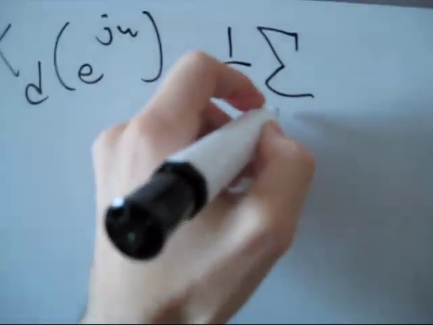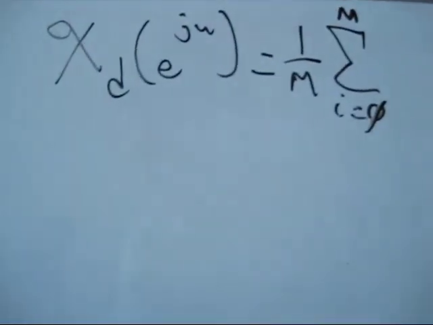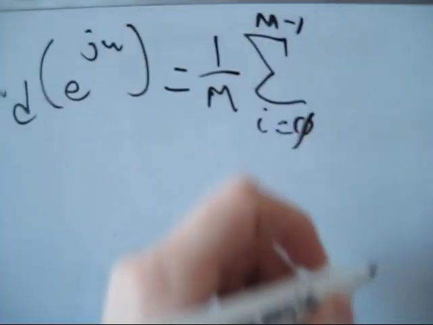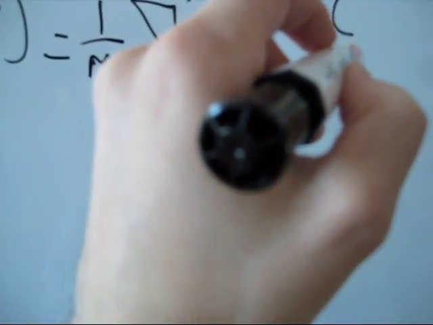1 over m, from i equals 0 to m minus 1. And then we go e to the j omega minus 2 pi i over m.